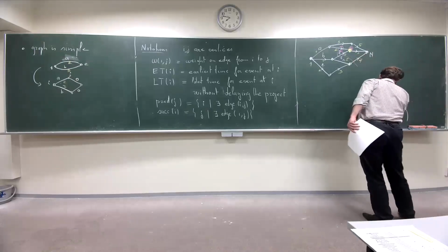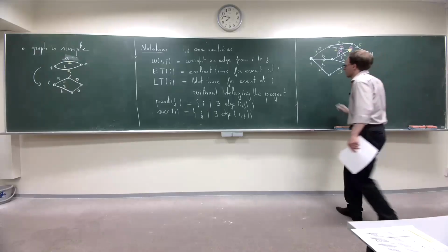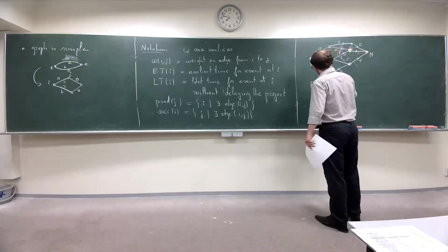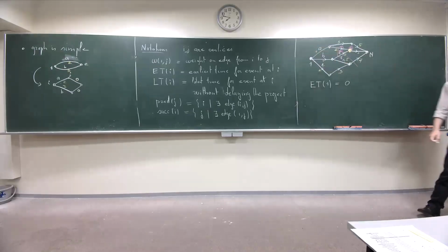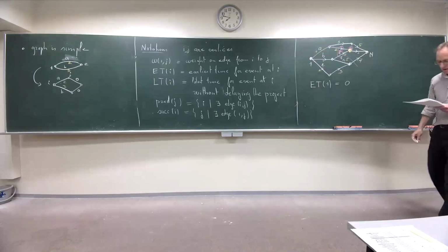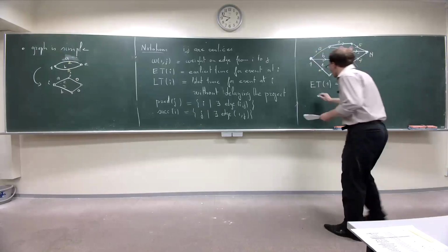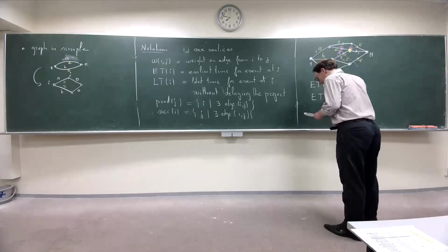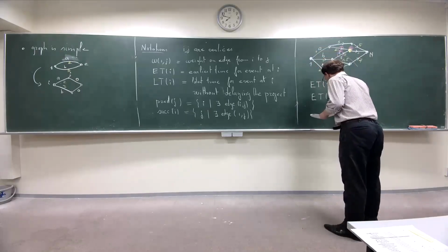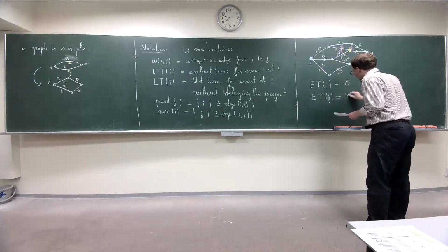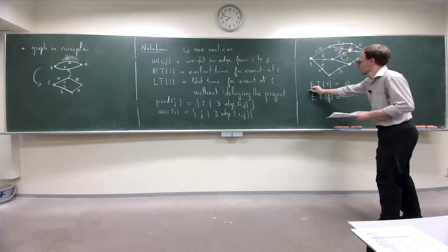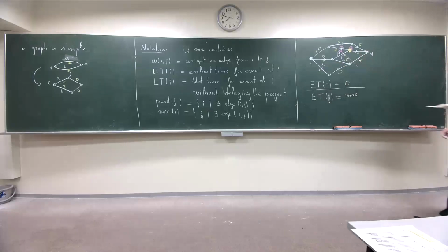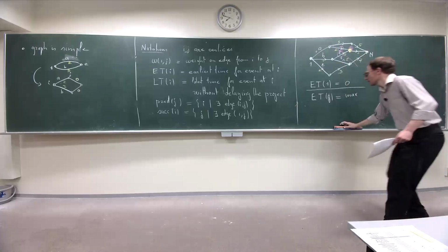What is the earliest time for the first edge? It's 0. You start your work at 0. And what is ET of J? You observe that this is a max of... this is not a convention, sorry. Up to here it's a convention, then it's an observation.